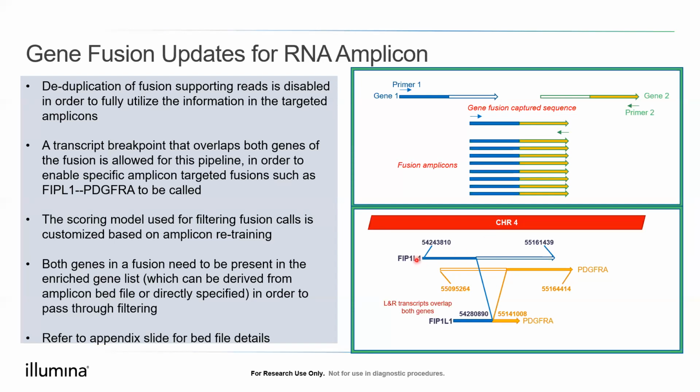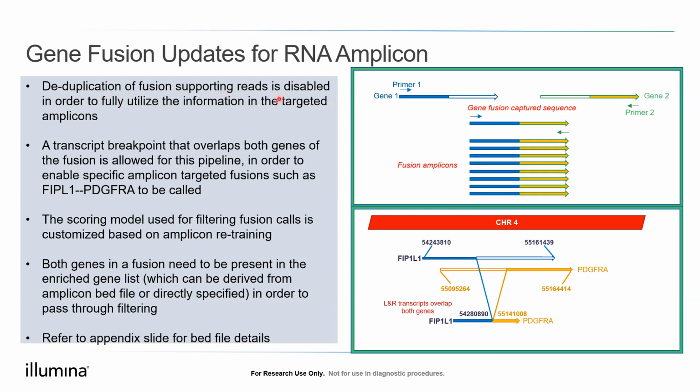In the example here, we are showing the FIP1L1 and the PDGFRA gene. There is a fusion, there is an overlap, and DRAGEN is able to identify this fusion across these overlapped genes.